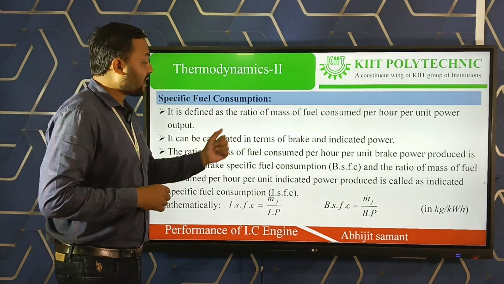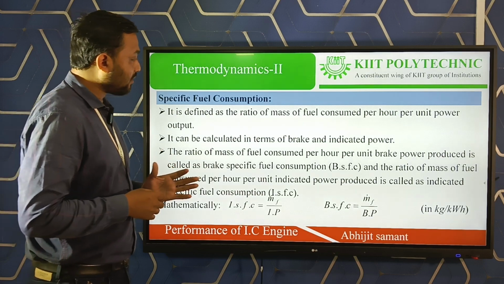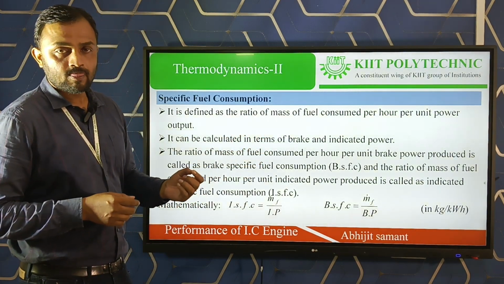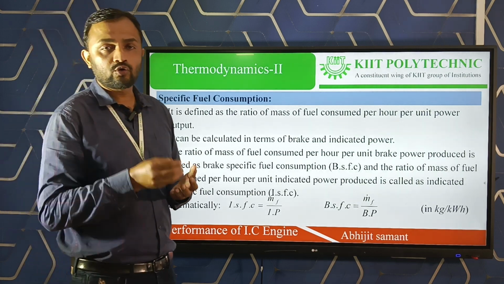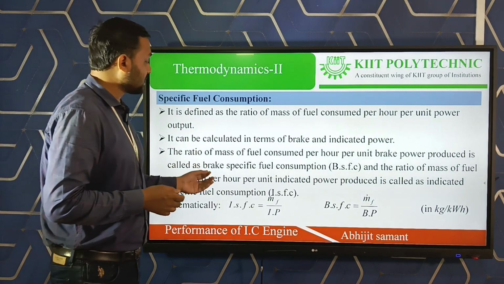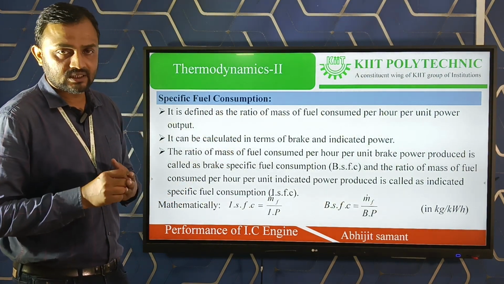The ratio of mass of fuel consumed per unit brake power produced is called brake specific fuel consumption. So for unit brake power output, how much fuel you will input is known as brake specific fuel consumption, which is your BSFC.